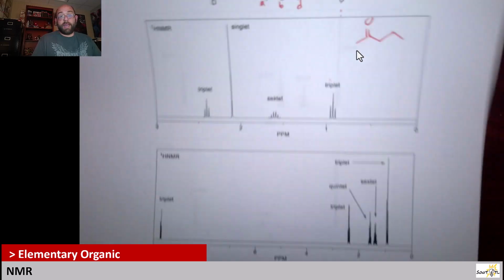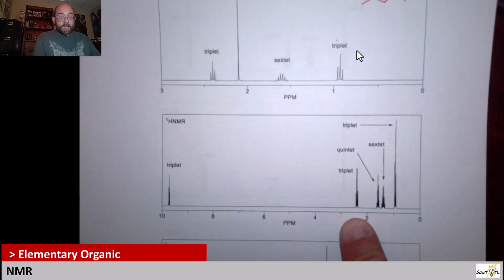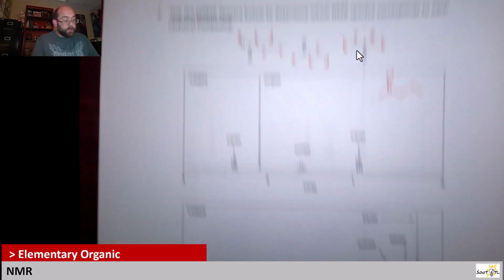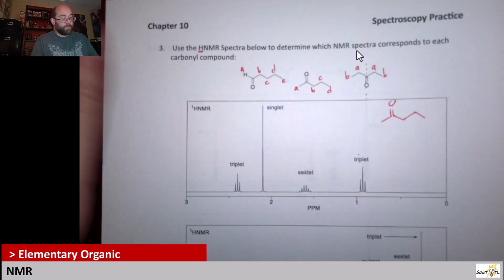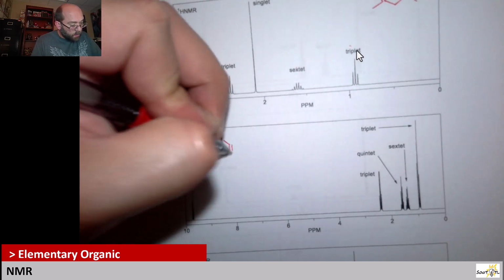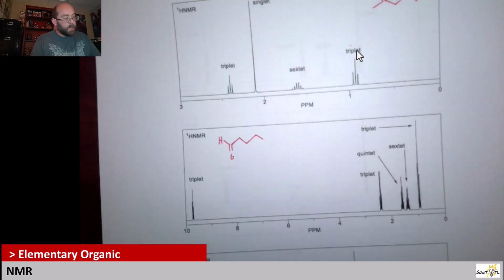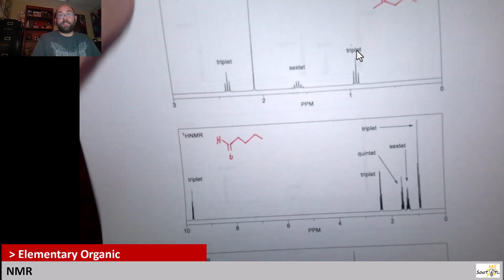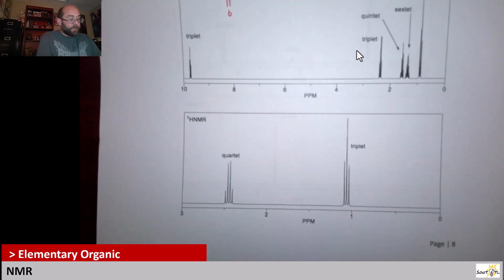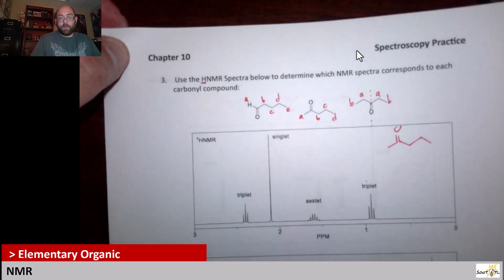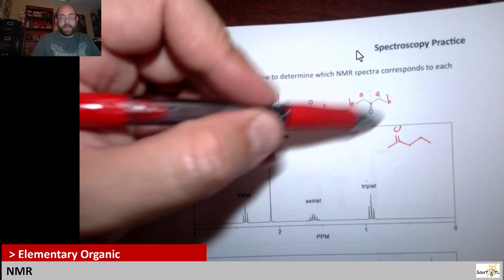I look down at this one, and it's got 1, 2, 3, 4, 5 signals, so that's got to be this aldehyde here. And then this one only has 2 signals, 1 and 2, so that tells me that's got to be this ketone right here.